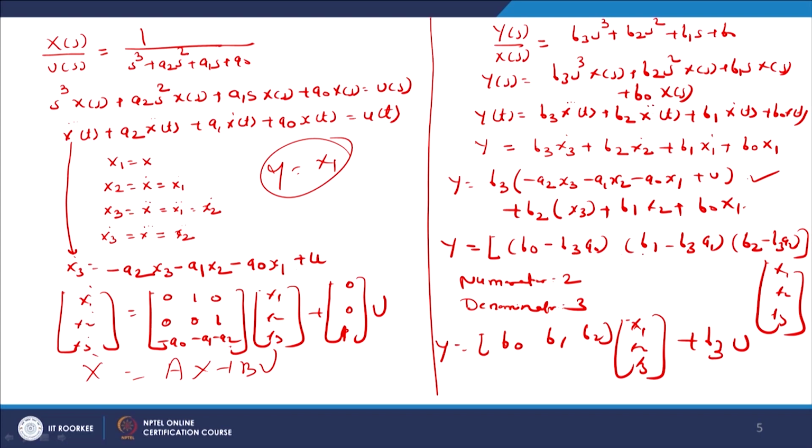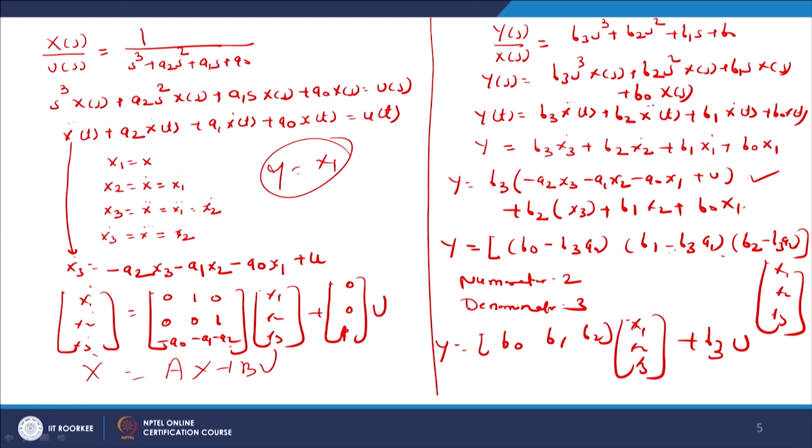So, when the transfer function is strictly proper, the output depends only on the numerator terms, whereas when the transfer function is not strictly proper, only proper, you will find the involvement of the denominator elements.